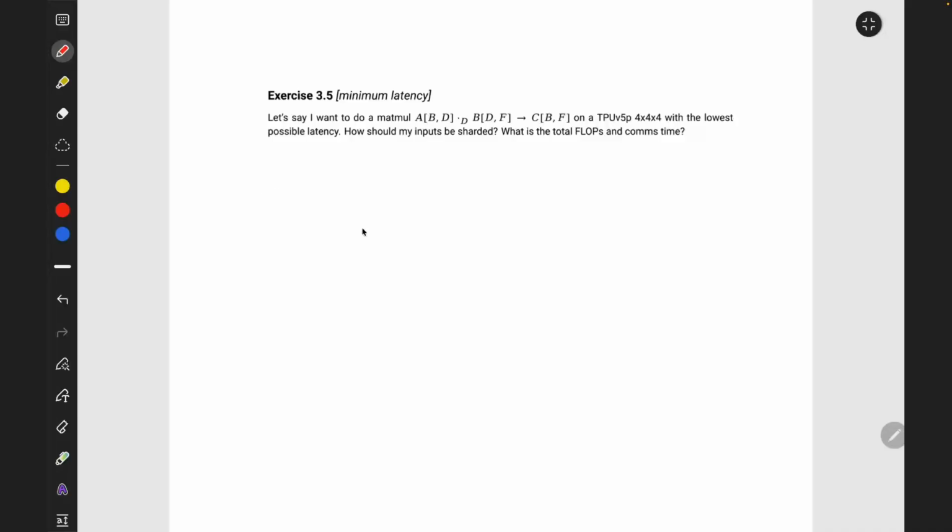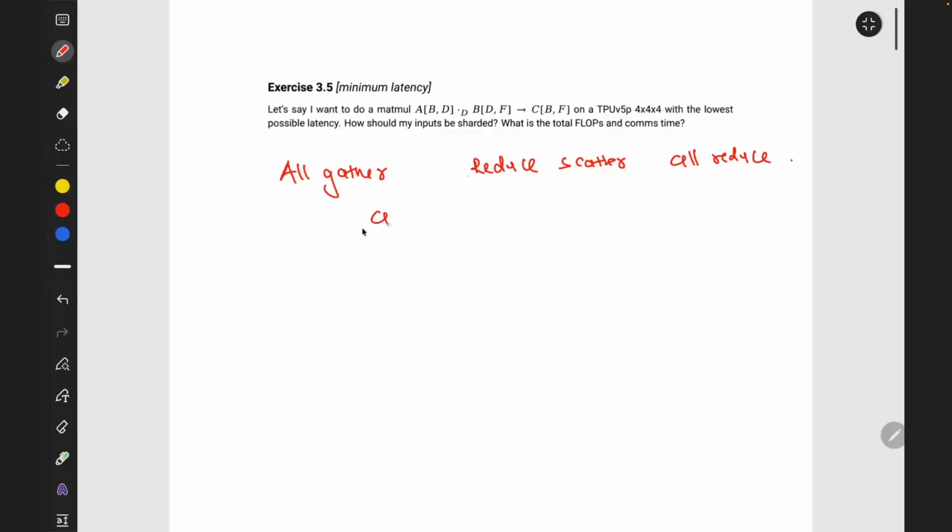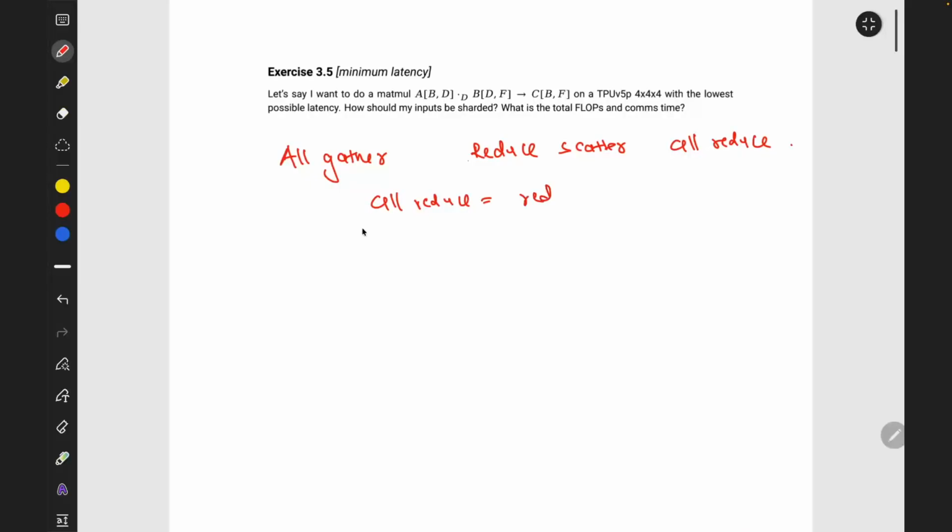So in the last lecture we discussed three main communication patterns: all gather, reduce scatter, and all reduce. And we also saw that all reduce is equal to reduce scatter plus all gather.